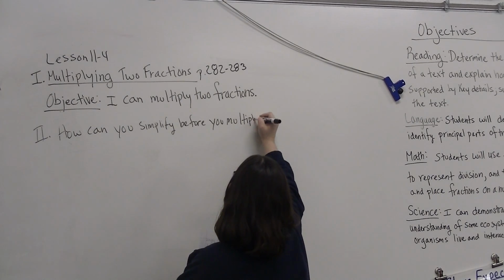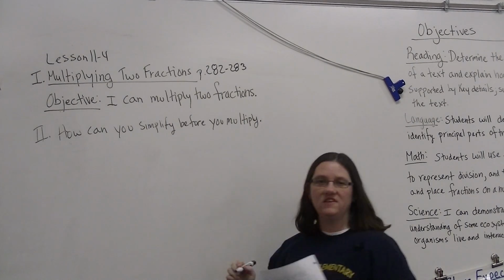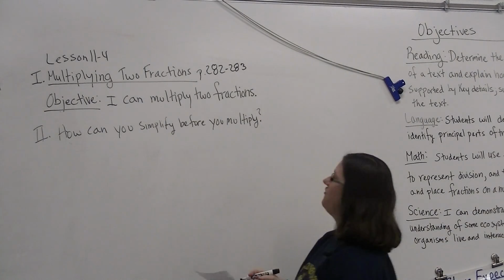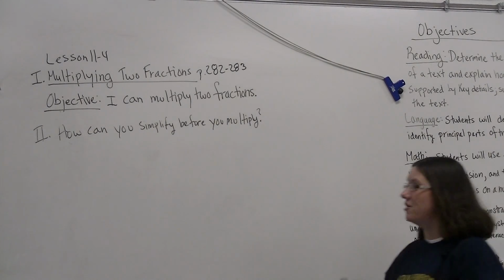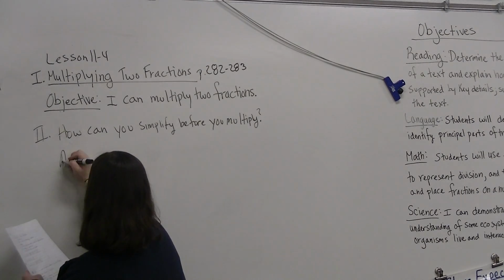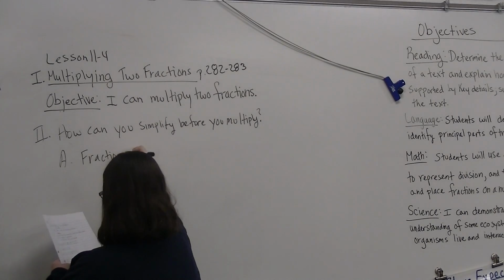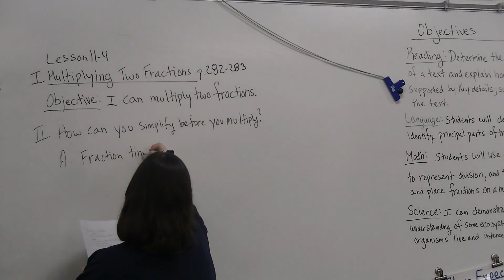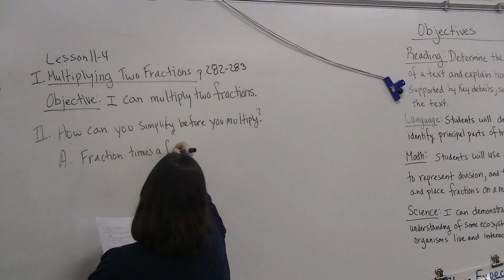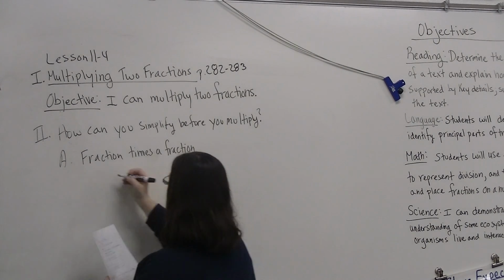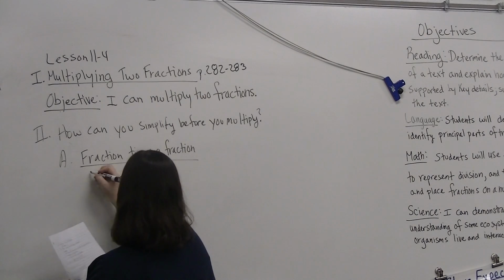So now what they want to show you is you could do that step first instead of taking that step last. Again, how can you simplify before you multiply? Letter A is going to be found in your problems for a fraction times a fraction, and we're going to list our steps.